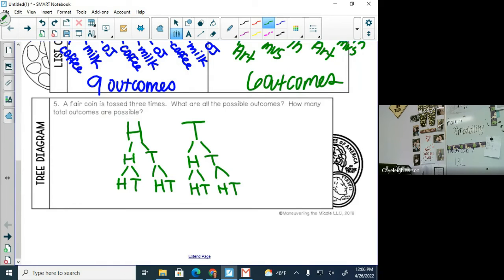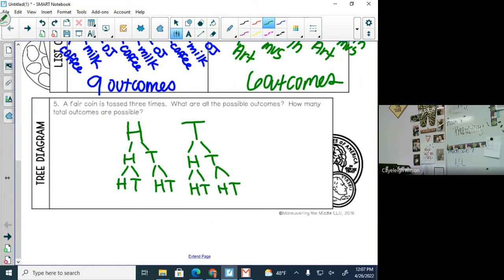So all my answer choices are here flipping the three coins. Those are all the possible outcomes that I could have got from flipping it 3 times.